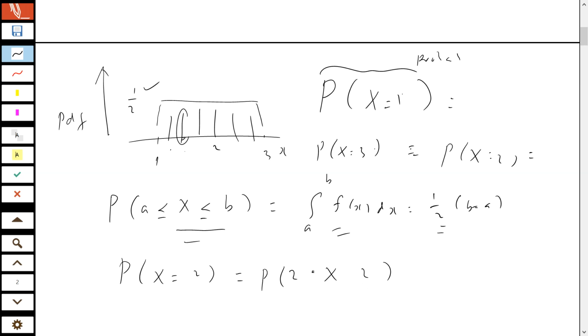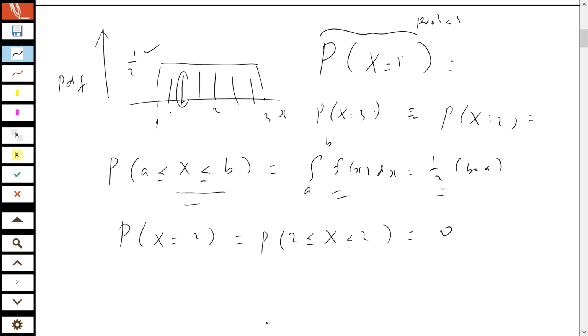From 2 to 2. I mean, it's the same. So it is 0. Yeah, probability at a point is 0. This will be the case for any continuous random variable, because the length is 0 here.